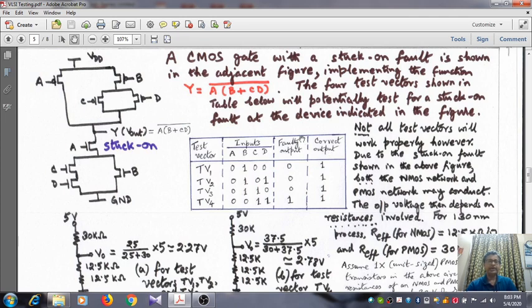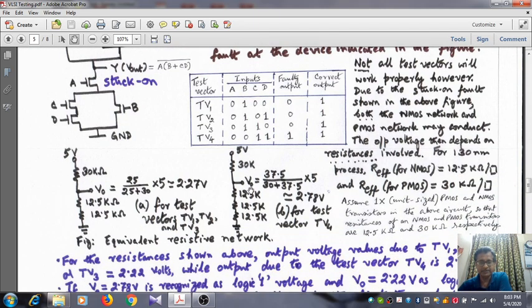The erroneous output should be different from the correct output, then only we can certify the test vector as a proper one. So TV4 we cannot certify as a proper test vector, only the first 3. Is it clear? Okay, so the first 3 test vectors are clearly the fit candidates, whereas the fourth one is not a proper test vector.